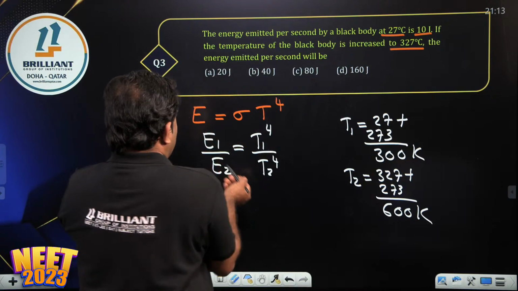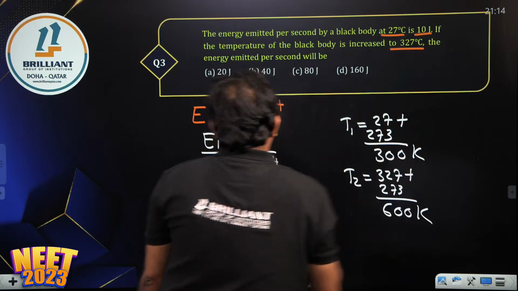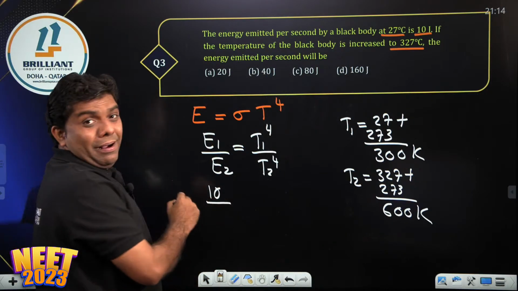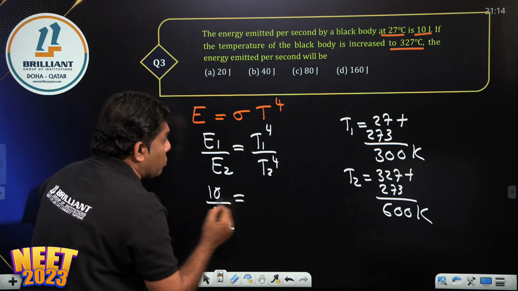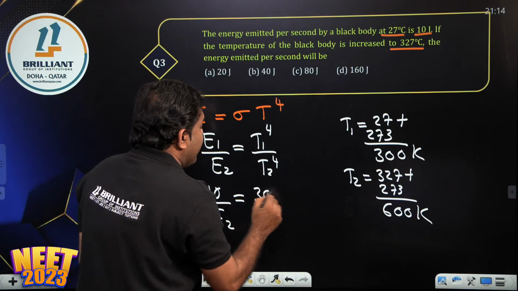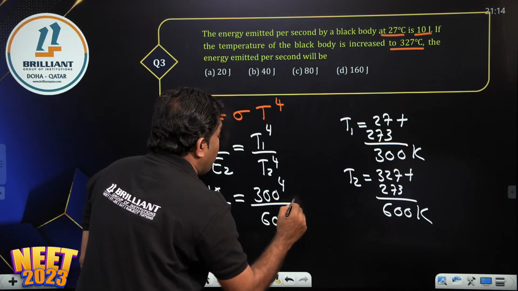So all values are there. I want to find E2. E1 is given in the question, 10 joule. So 10 divided by E2 is equal to 300 raised to 4 divided by 600 raised to 4.